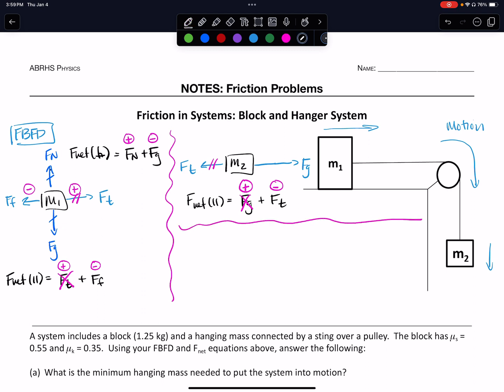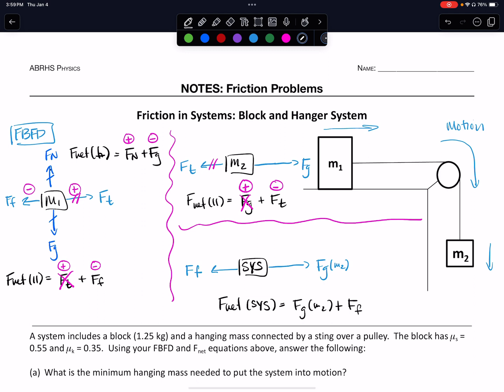My system is going to have two forces working on it. I'm going to have the force due to gravity, and this is on mass 2, or the hanger. And then opposing that, I'm going to have a force due to friction that is acting on my block. My F net equation for my system is going to be equal to the sum of these two forces.